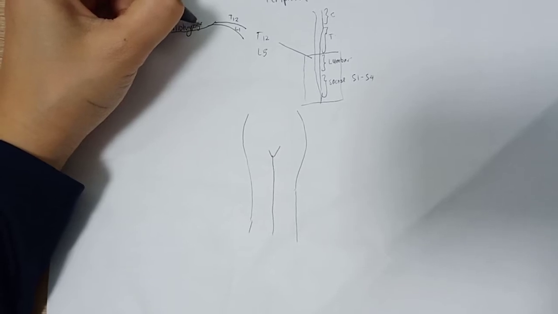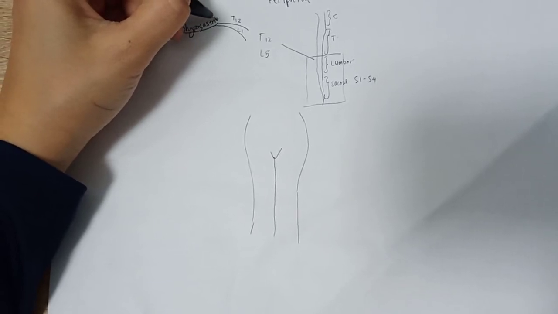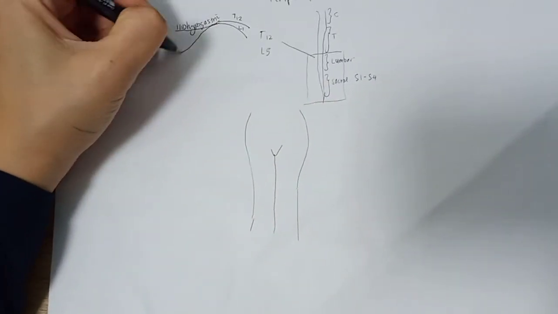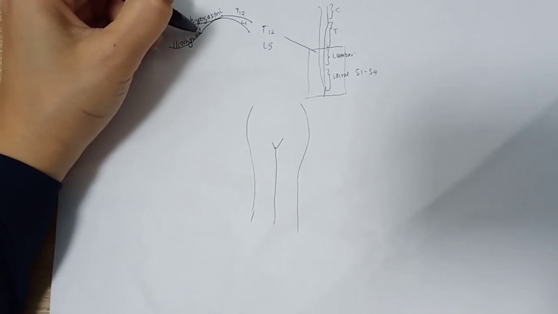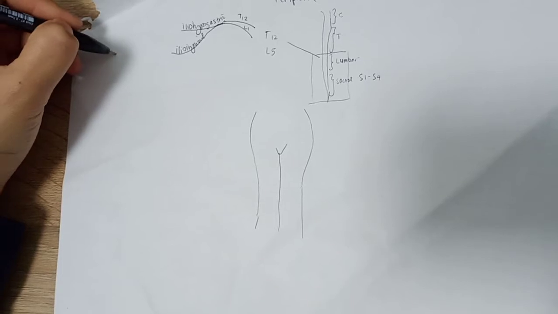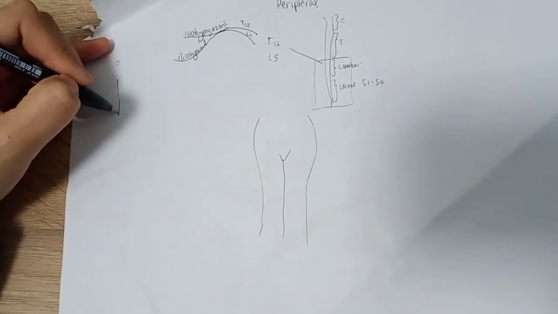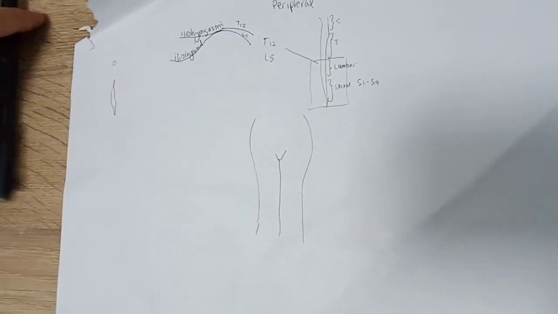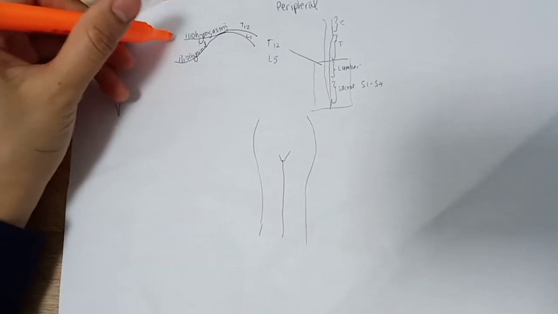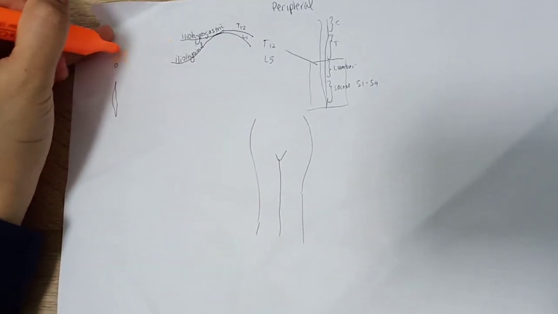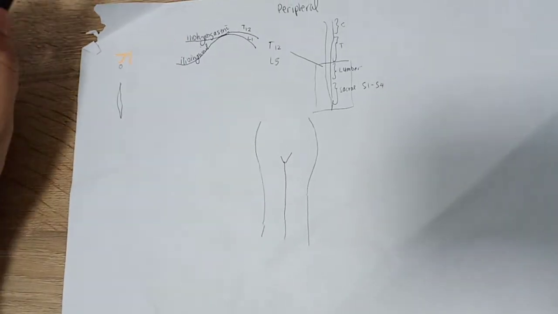Iliohypogastric basically will give rise also to the ilioinguinal nerves. So iliohypogastric, what it does is it innervates the mons pubis.